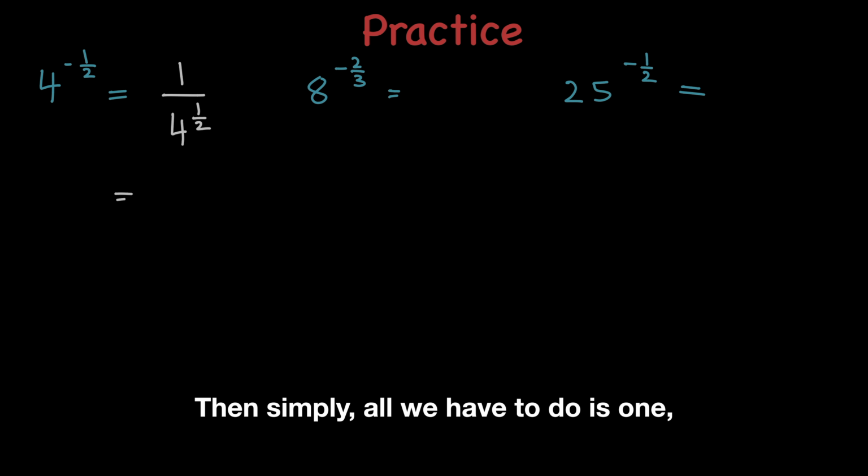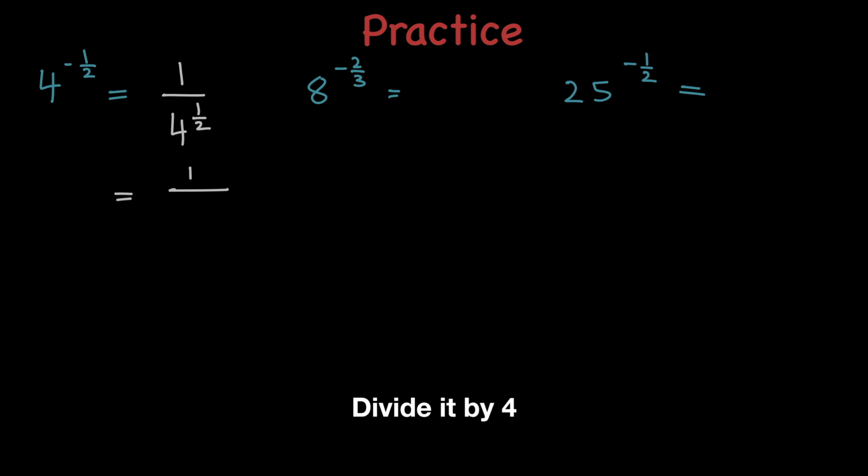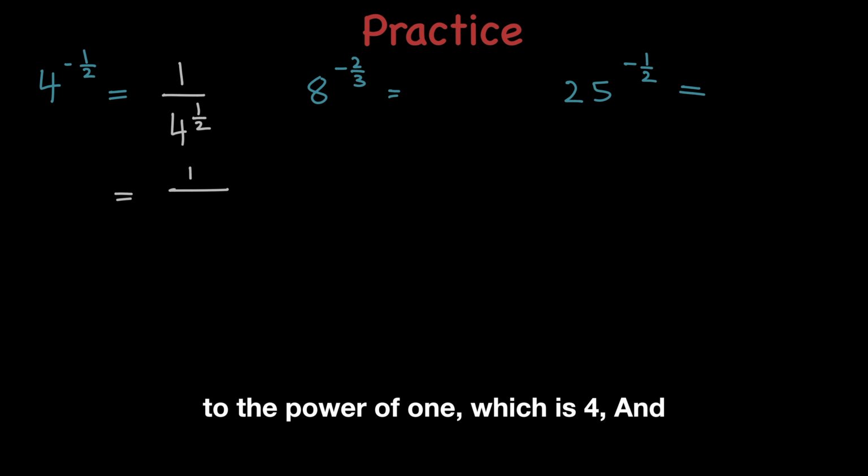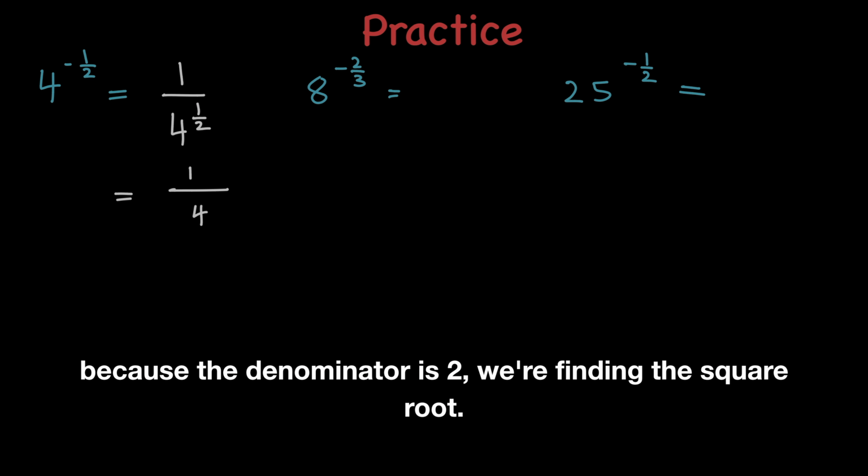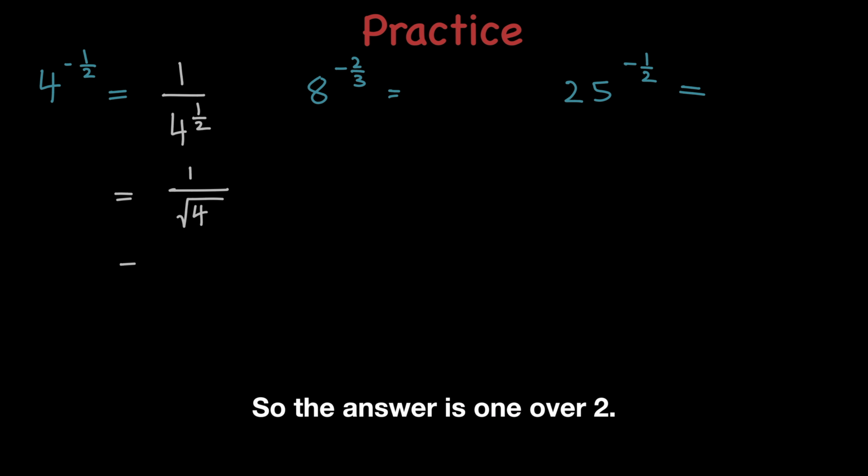Then all we have to do is 1 divided by 4 to the power of 1, which is 4. And because the denominator is 2, we're finding the square root. So the answer is 1 over 2.